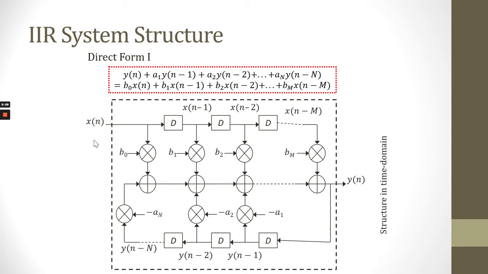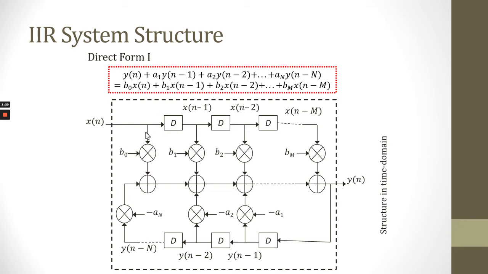Please listen carefully. As usual, we have the current input x[n] on the left and the current output y[n] on the right. The IIR system depends not only on the current input and past input, but also on past outputs.